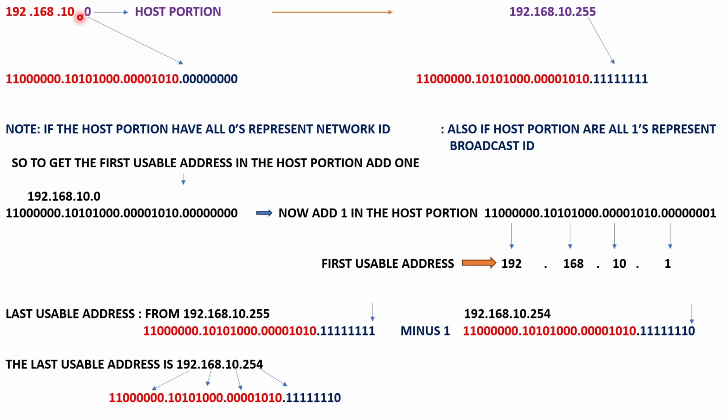Hii octet ya mwisho hapa. This is the host portion in the /24 network. So tukiona kwenye host portion all are zeros, this represents the network ID. So whenever you see a network with a /24, but in the host portion it has all zeros, it represents a network ID.